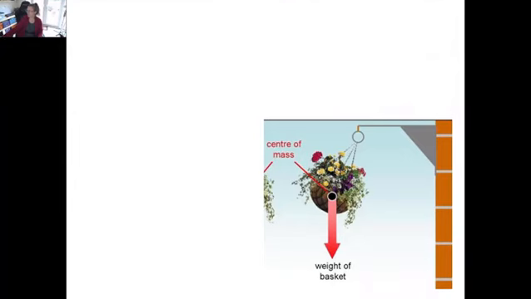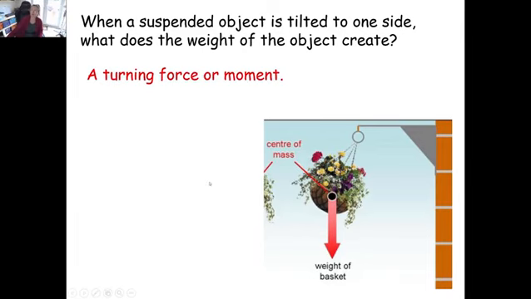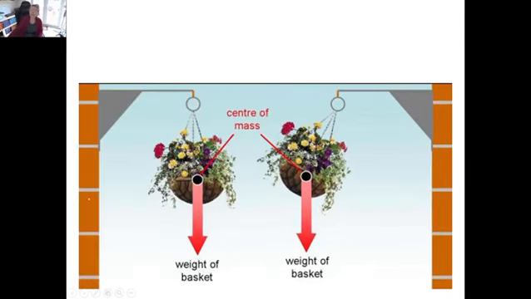Okay, similarly, if you have an object, here we have a hanging basket, and if it's moved to one side, then you know that object will swing backwards and forwards until it reaches its equilibrium point. So here the object will have reached its equilibrium point, and we say that a suspended object will eventually come to rest with its centre of mass directly below that point of suspension.